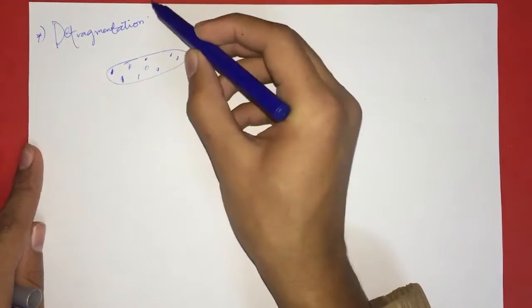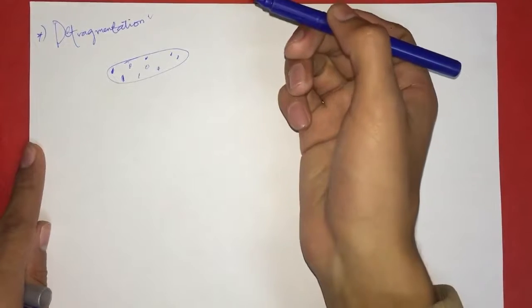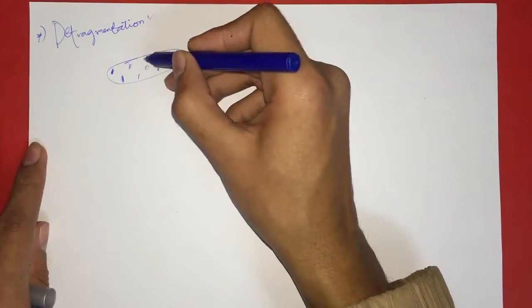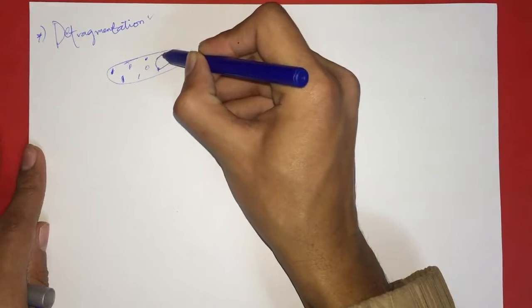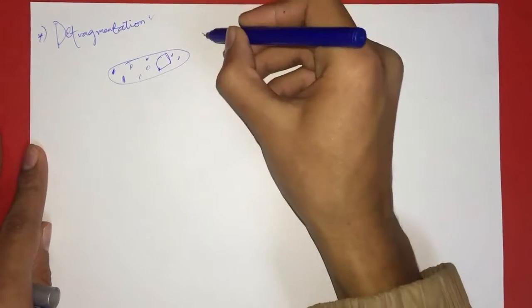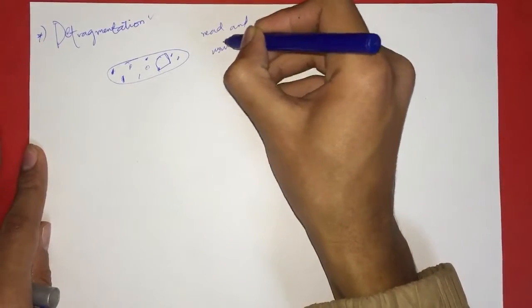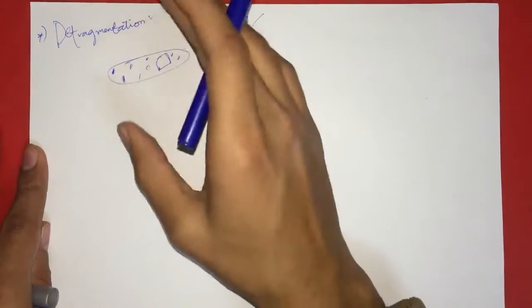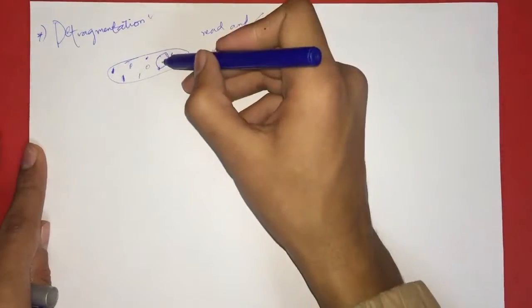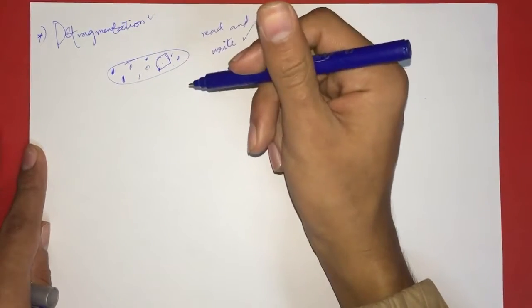So the process of defragmentation combines or accumulates all your data into a single space. So your read and write head does not have to move to different places to fetch your data. It can just be at the same place, and it can fetch your data in an instant.